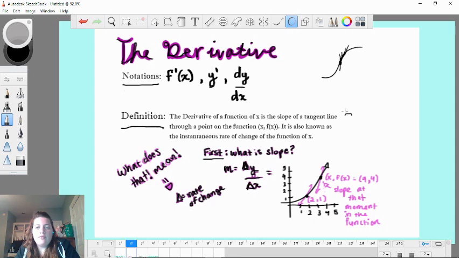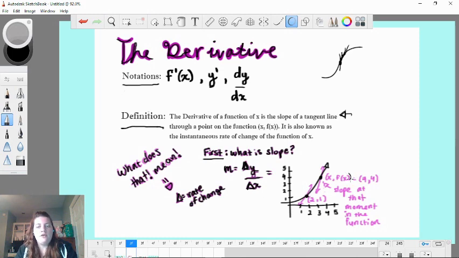So one thing that people get confused about is what is a tangent line. A tangent line is identified by these little purple lines here, and it's going through the point at the slope that that point has instantaneously at that moment. And so it has the same point as the function does at x comma f of x.